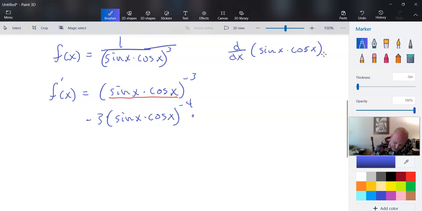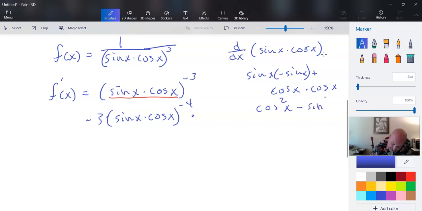So it's 1d2, that makes it sine x times negative sine x, plus 2d1, so that would make it cosine times cosine. And so that gives me cosine squared x minus sine squared x. Okay, so that's the derivative of the inside.